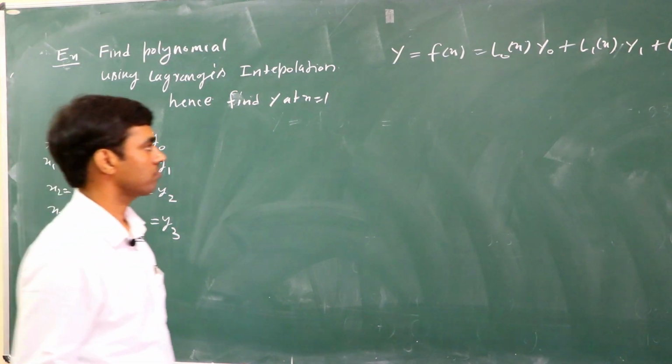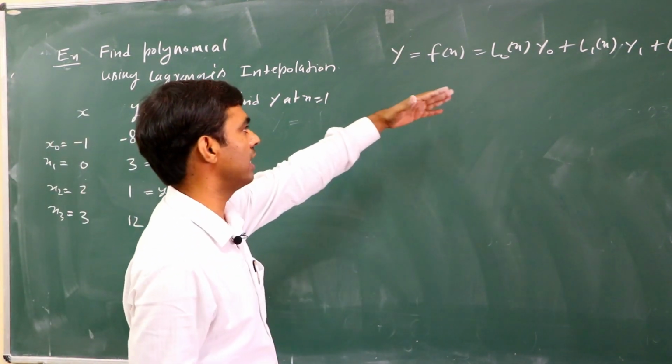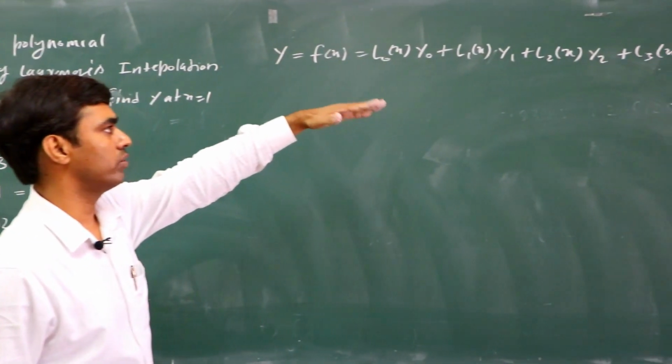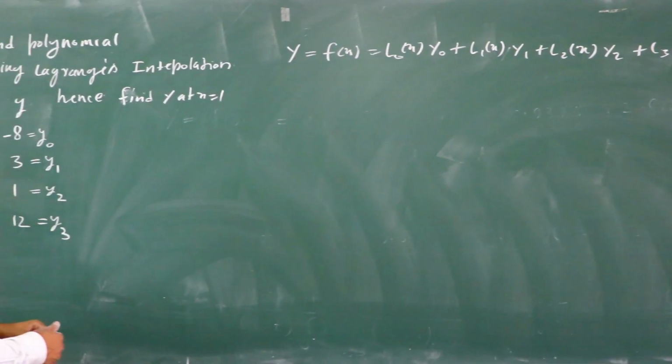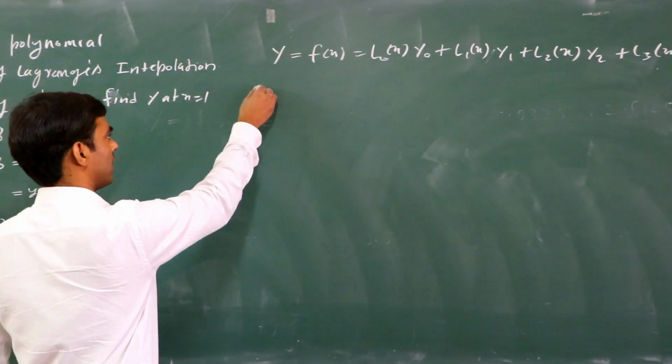So if we write the values of L0(x), L1(x), L2(x), L3(x), starting from here, what is the value of L0(x)?